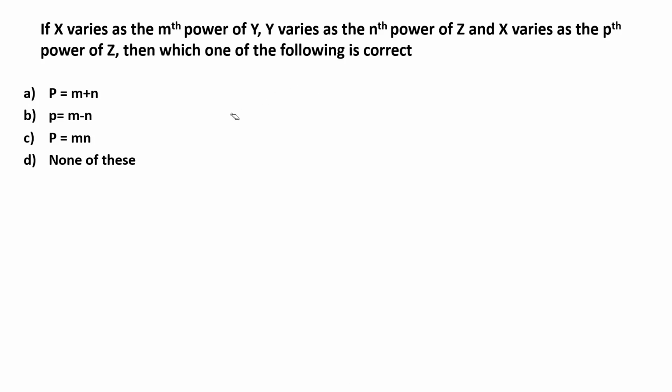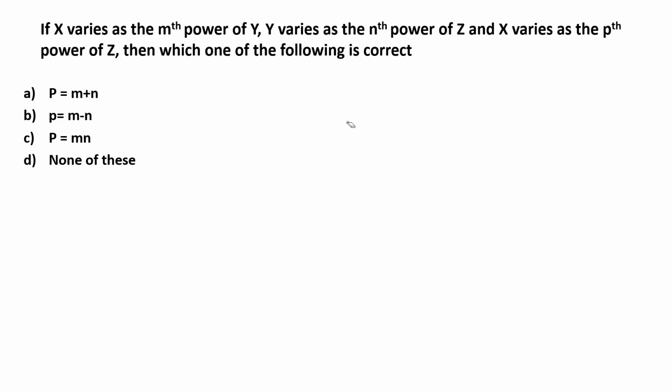Okay. When x varies with a, we can take that x equal to ka. Here k is a constant. And again y varies as the nth power of z. When y varies as the nth power of z, we can assume a constant k upon z, something, any variable. Let us neglect that variable. We are not going to find the result of that variable.